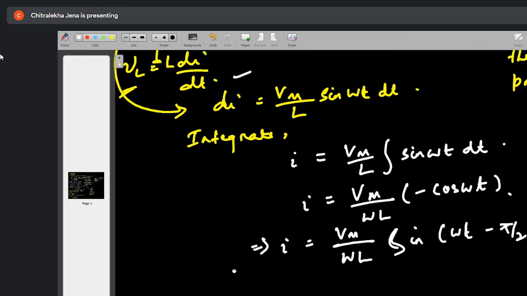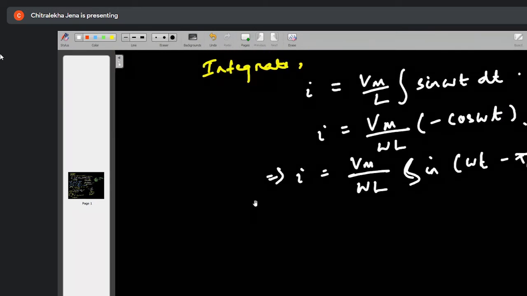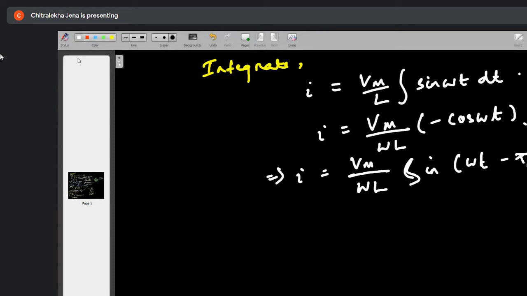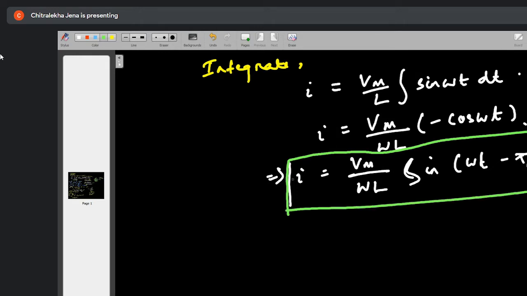Clear to all of you? So now this is my equation. I is equal to Vm divided by omega L sine omega t minus pi by 2. When will I be maximum? When sine omega t minus pi by 2 will be equal to how much? 1.